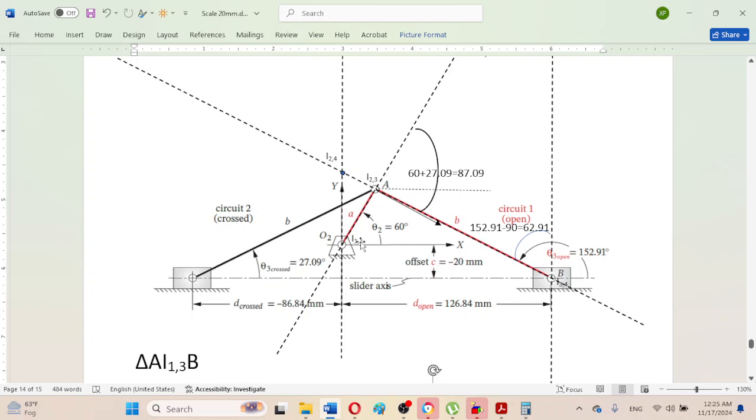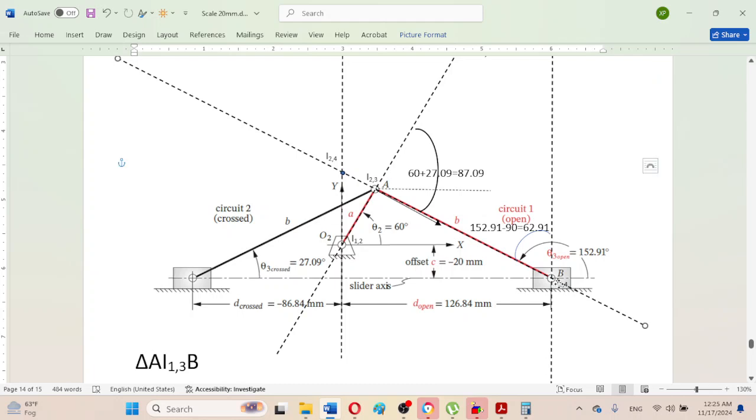So instant center I12 is the same because the crank is the same, and instant center 2 3 is also the same because these are permanent instant centers, and the permanent instant center 3 4 which was here for the right circuit, for the right slider.